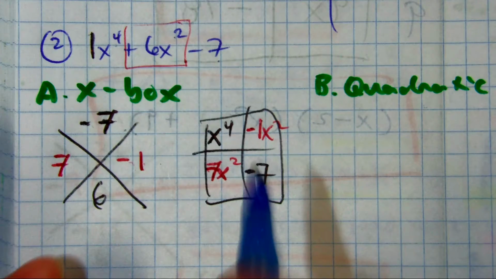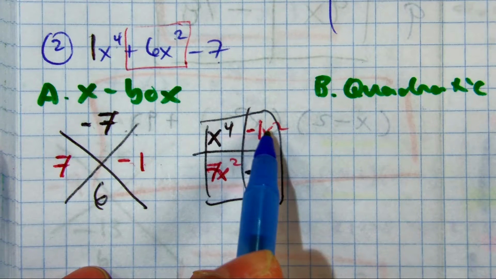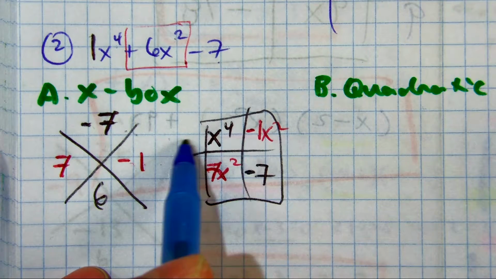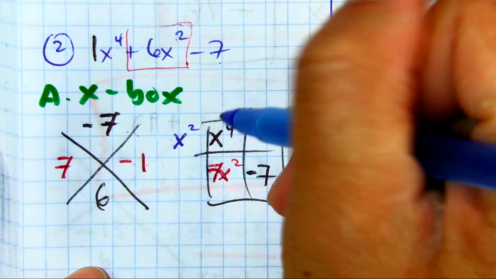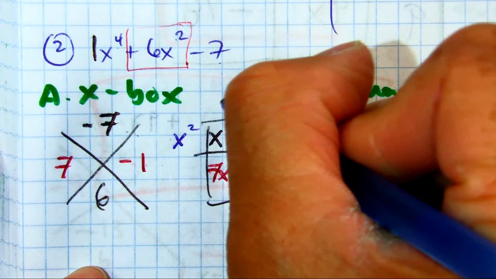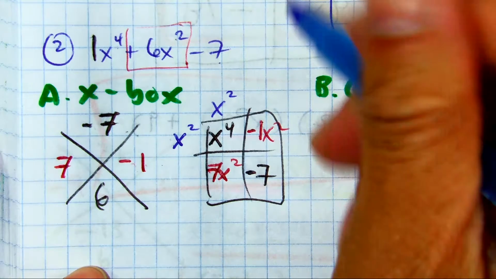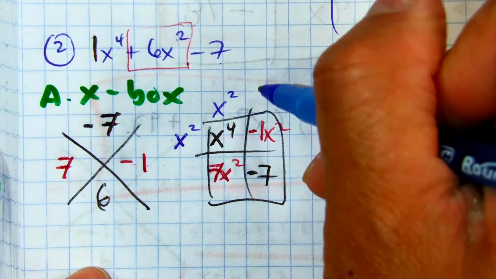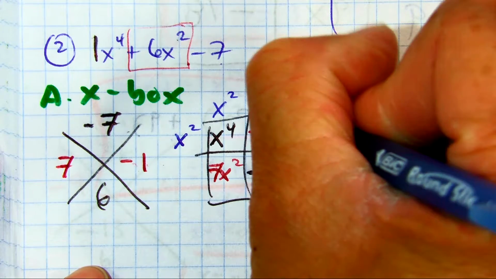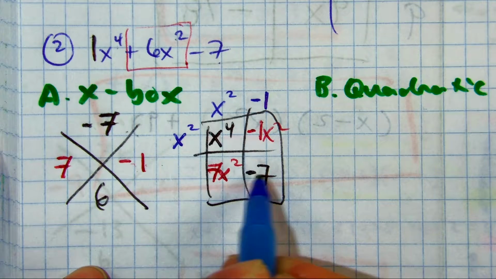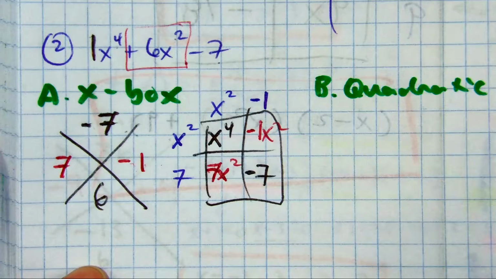Class, let's take out the common factor. What's the common factor of this row? Common factor? It's kind of weird. Common factor. -1. And common factor. Right, you can always multiply.